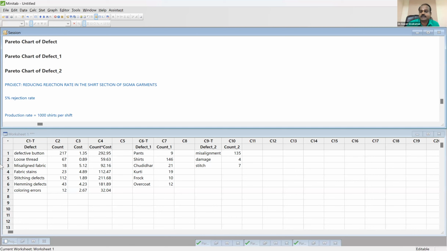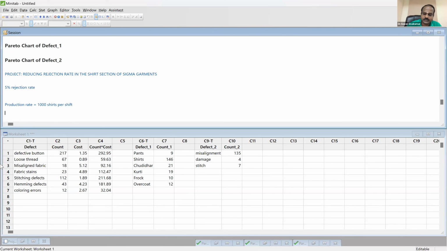So every shift they are producing 1,000 shirts. Now, how many units will get rejected if you have a rejection rate of 5%? 50. 50 shirts.